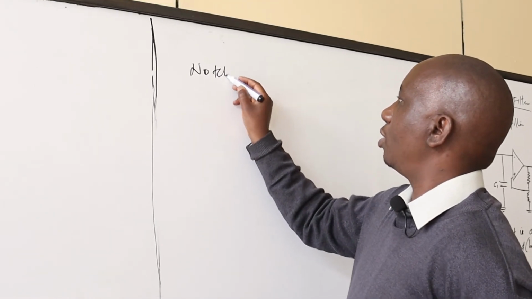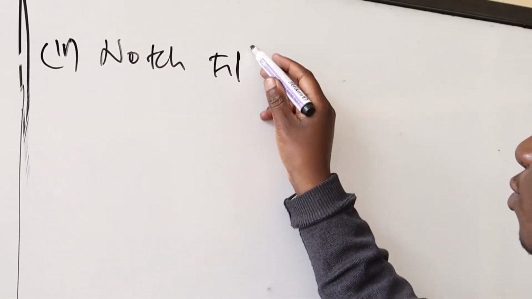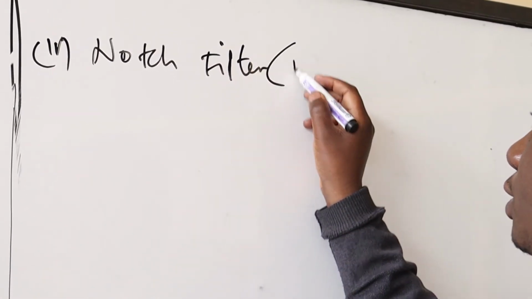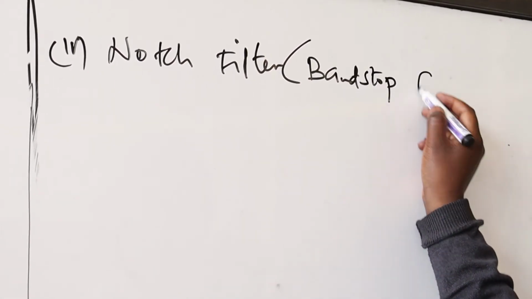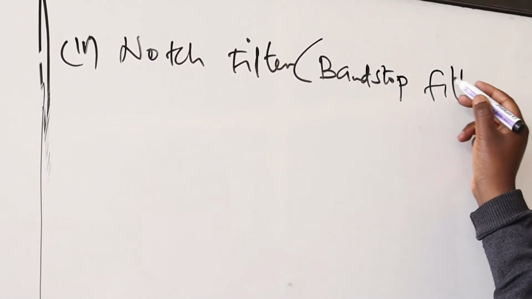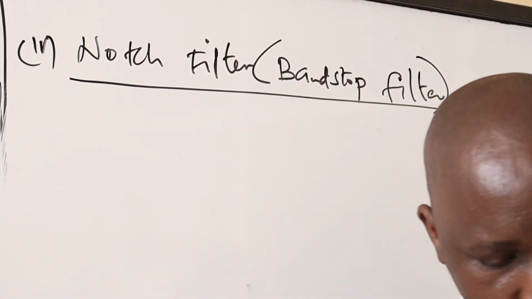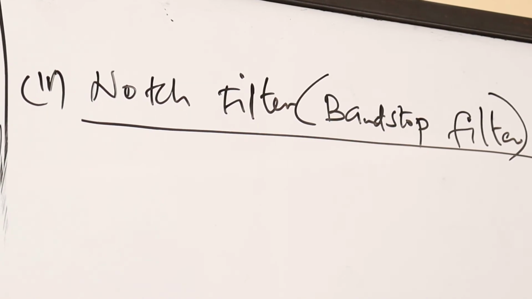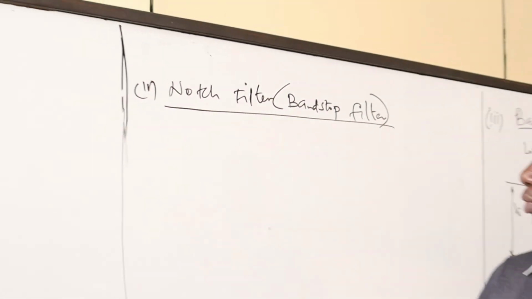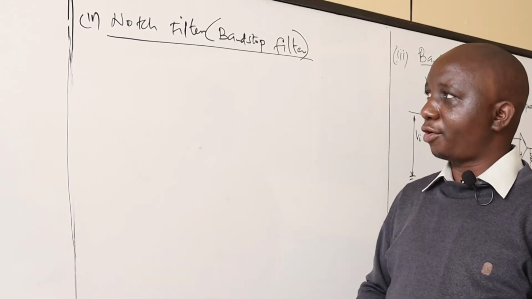Then we're talking about the notch filter, sometimes referred to as a band stop filter. A notch filter will only operate by blocking certain frequencies between certain ranges.